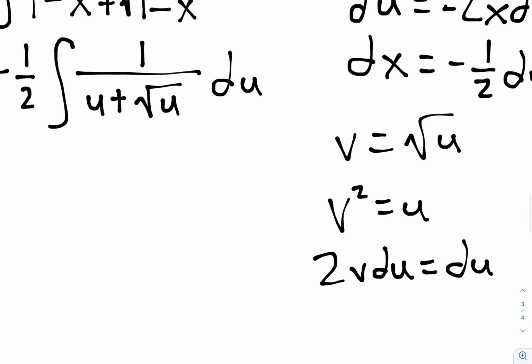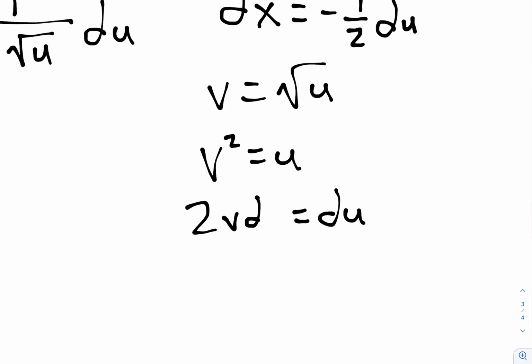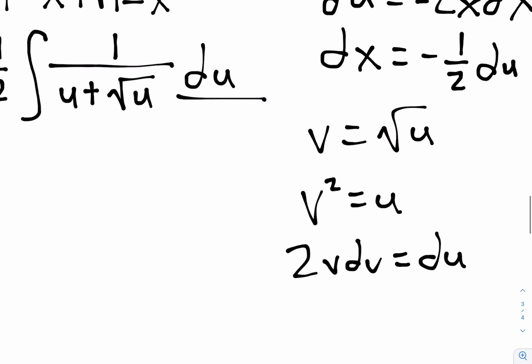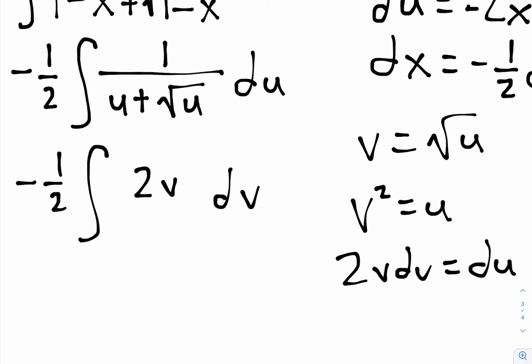So now that we know du is 2v dv, a lot of variables here, wherever we see du, we can just put 2v dv. So negative 1/2 times the integral, and this is going to be 2v, and we have our dv, that's replacing our du, this part right here.